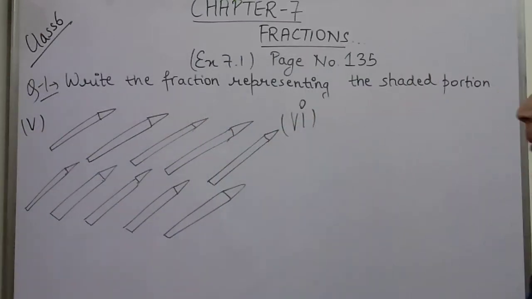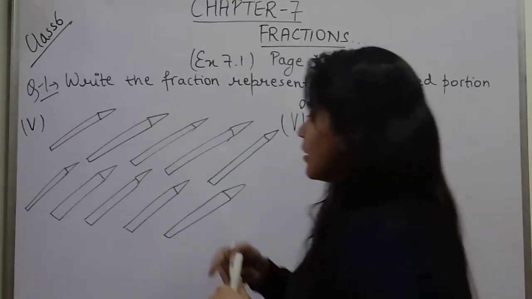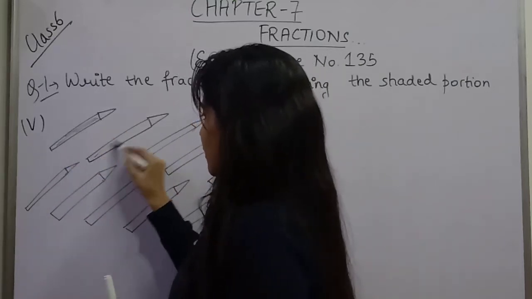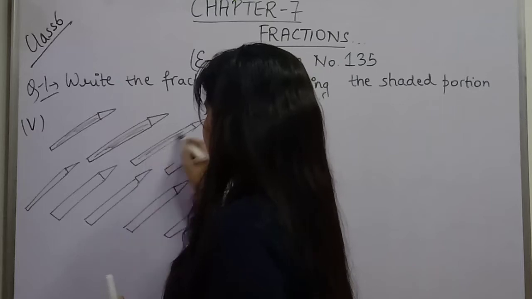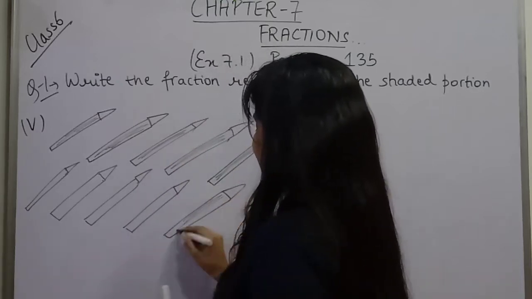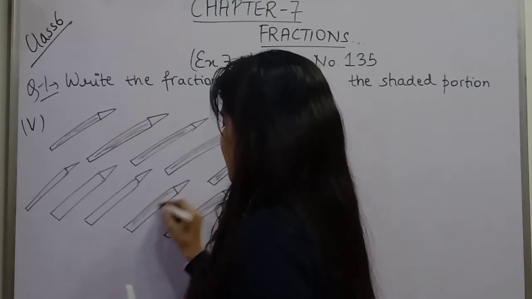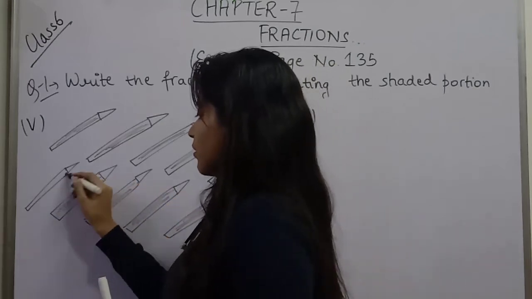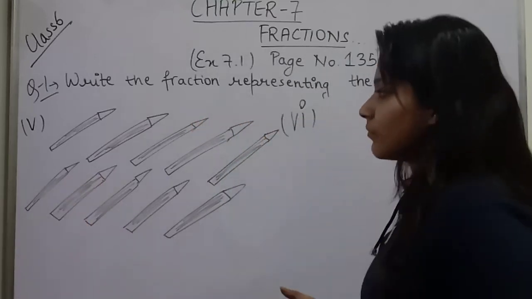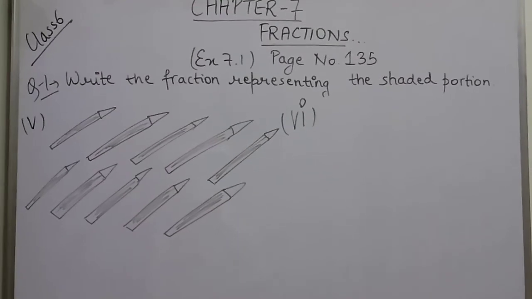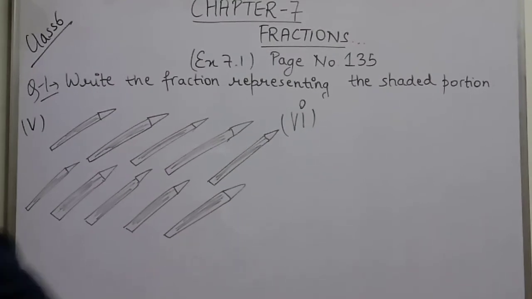So these 10 pencils are given, and the shaded region is 1, 2, 3, 4, 5. So basically, children, all the pencils are shaded. So this is the 7th part.